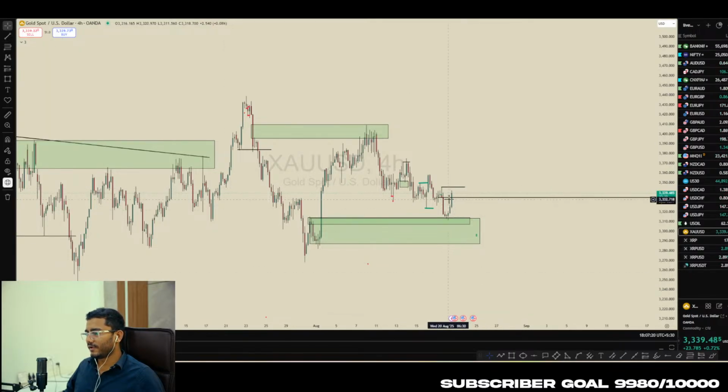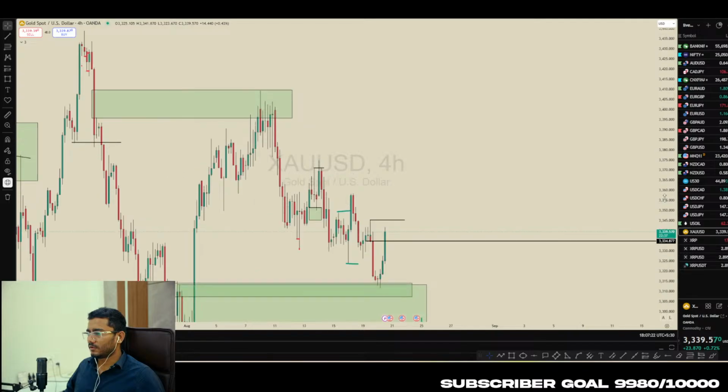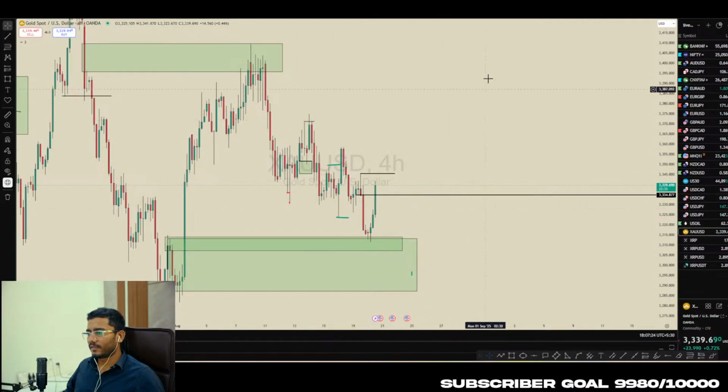So I don't think we will find an entry today, but tomorrow we can look for a liquidity sweep and then we can look for an upside trade. Once this high is broken with the candle body, then we can expect a move to the upside and probably it will break all this trend line liquidity to the upside. Let's see.